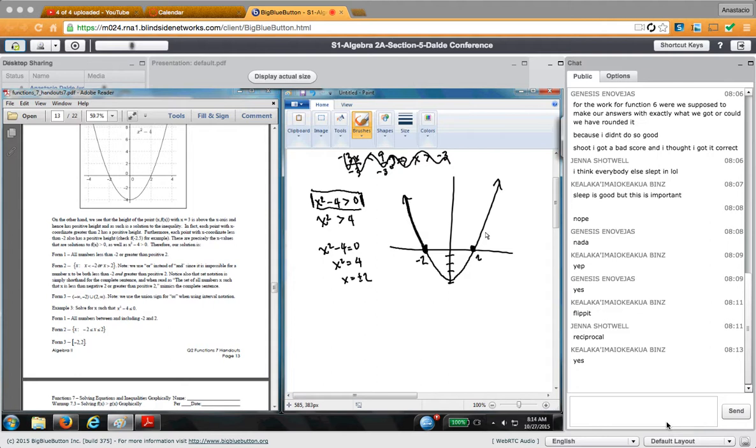In this region right here, all over here and all over here, my answer is positive. It's bigger than 0. Not including negative 2 and positive 2, of course, because if I plug in negative 2 into here, my answer would be 0. Not bigger than 0, just exactly equal to 0. Does that make sense?